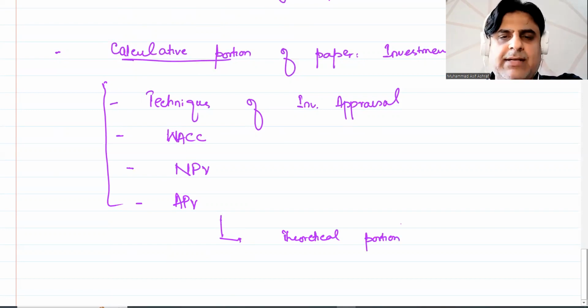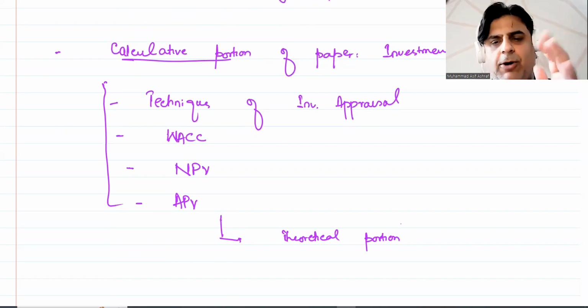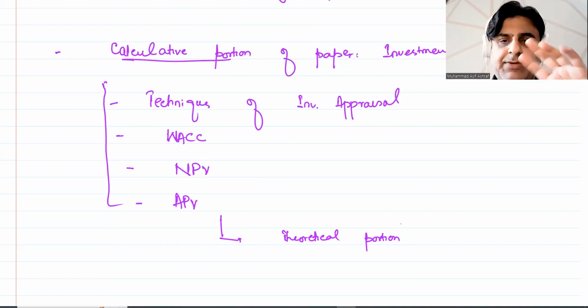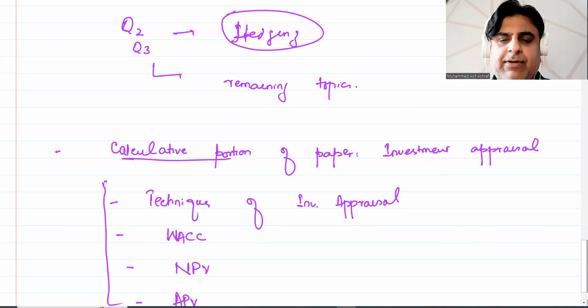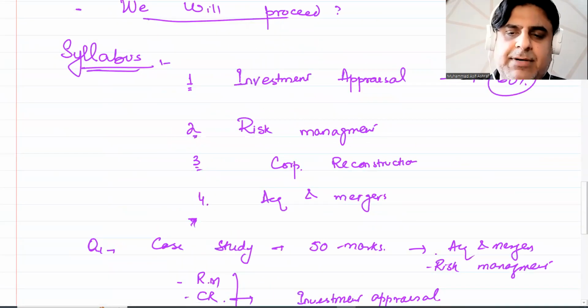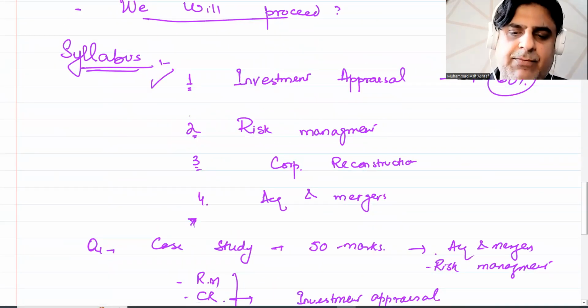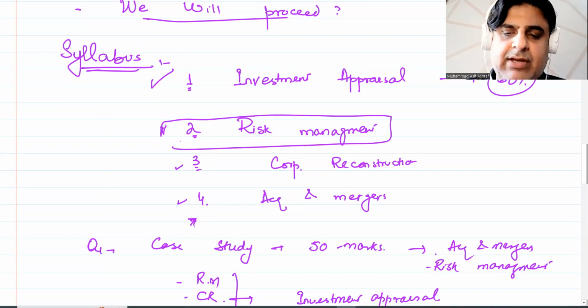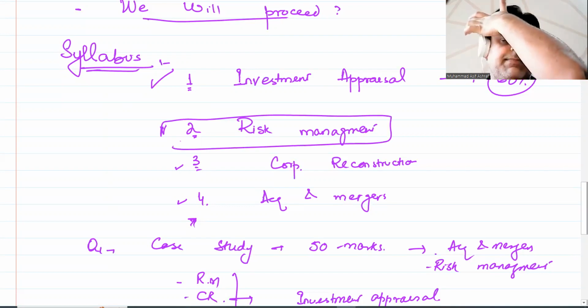And all these topics are covered with well-explained examples. We will cover every topic with the help of an example. So this is how we will first complete investment appraisal, then we'll move towards corporate reconstruction, then acquisition and merger, and in the last we will have the risk management topic.